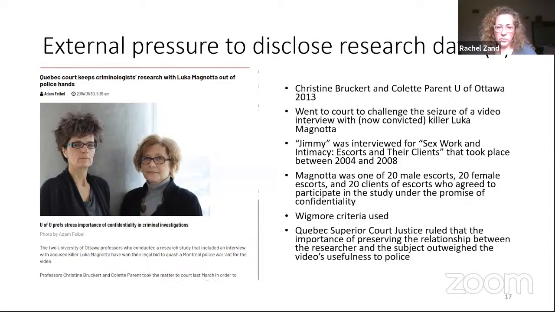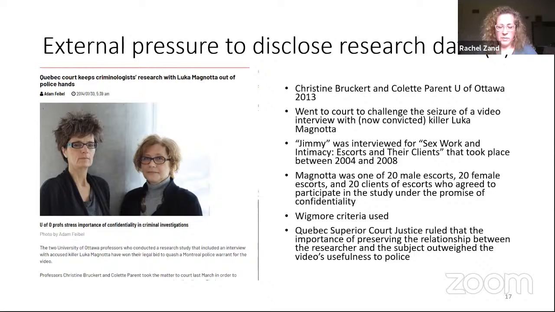And what was important about this, a couple of things, and this is good to the question of who gets to decide when the injury is greater than the benefit. This really is a case-by-case kind of thing, and it's the judge who makes this decision. So the president of the U of O did not feel that this was an important case for the university to assist with in terms of legal funds.